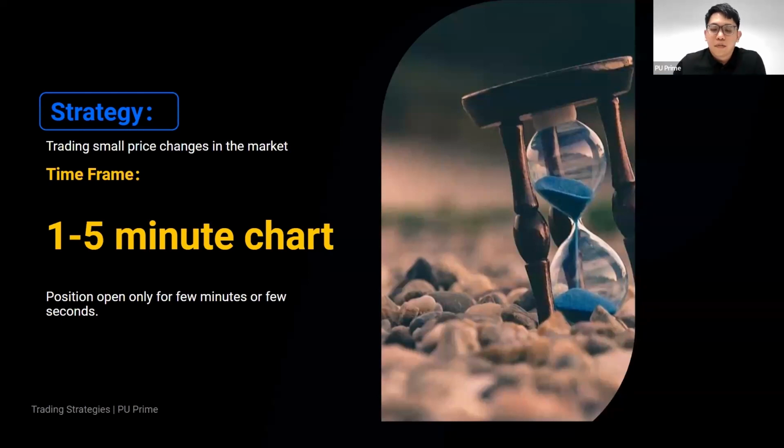Some pairings that have high volume, like gold, GBP and EU pairs, are good for adopting this strategy.